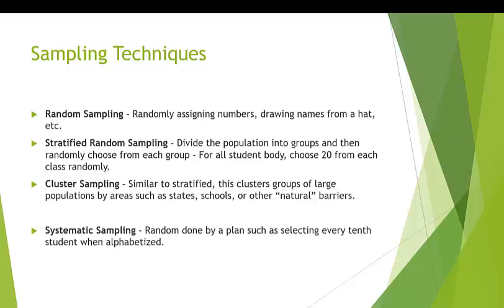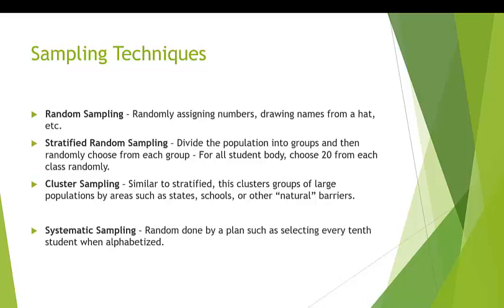Okay, so randomly assigning them numbers, and then say I'm going to pick every 10th number. Or you could say, I'm going to alphabetize the students and pick every 10th student in alphabetical order. So that's a systematic sample. You can see how it's called that because there's a systematic way of organizing the data.